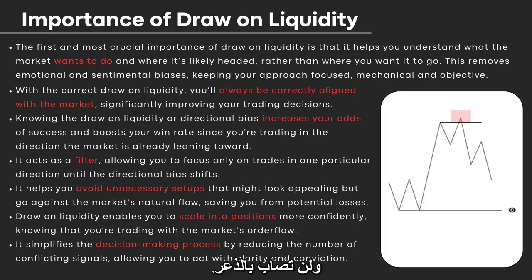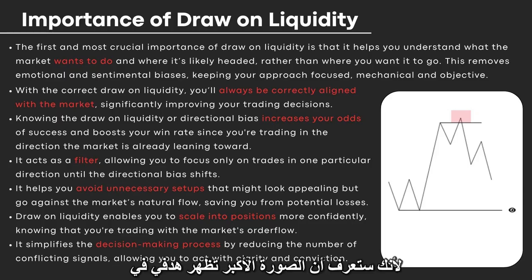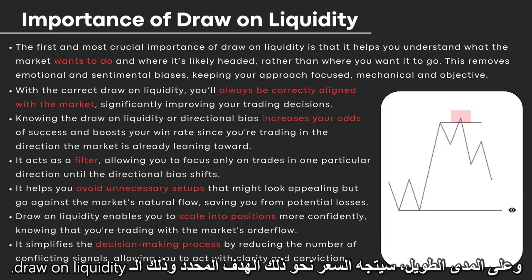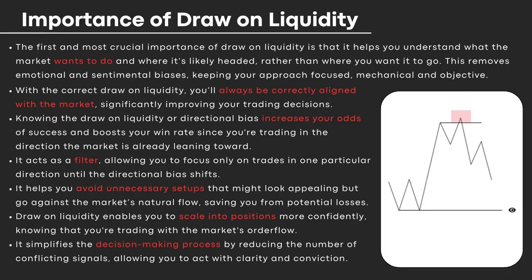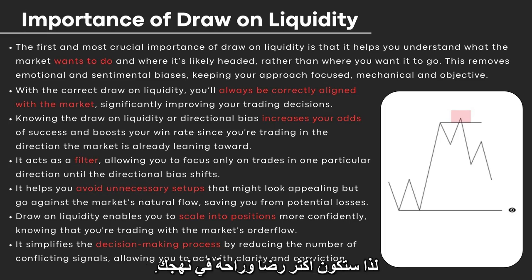And you wouldn't panic if price goes in your counter direction, because you would know that the bigger picture is showing my target and in the long term price is going to go towards that particular objective and that particular drawn liquidity. And in the short term we can have these retracement profiles and they're possible, right? So you would be a lot more content and comfortable in your approach, right?